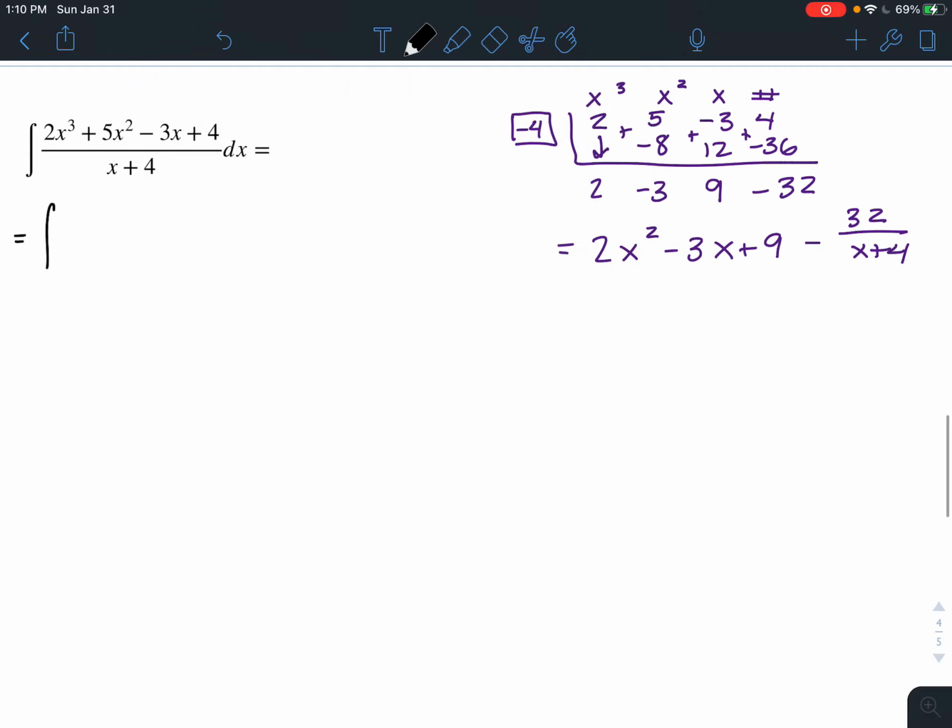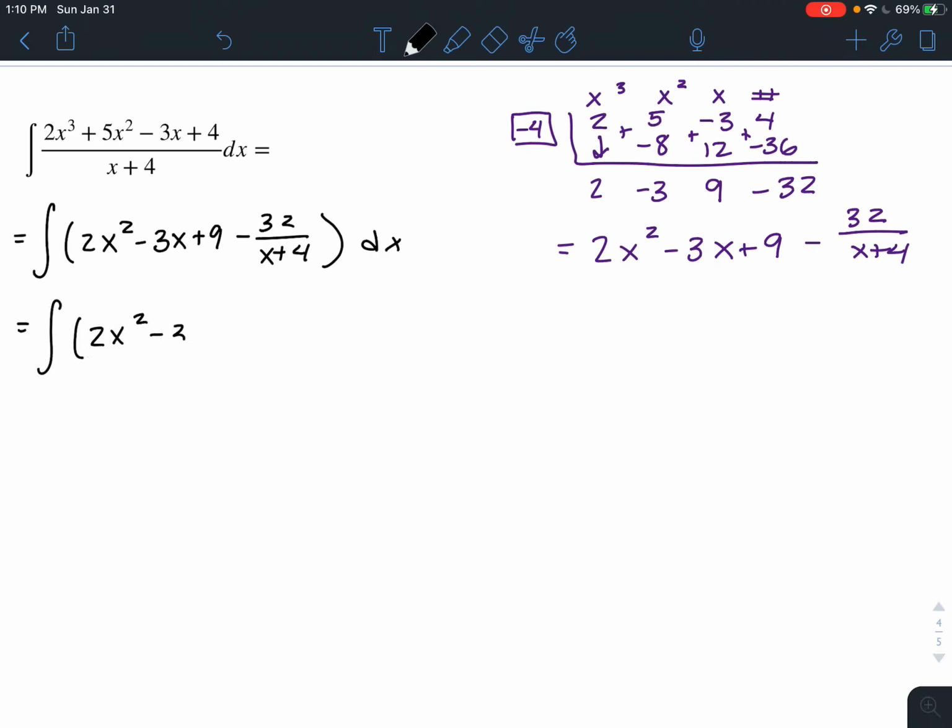So I can rewrite this integral using the quotient. Those are equivalent statements. The first three terms are a nice easy polynomial, so I'm going to break that off into its own little integral, and then I'm going to pull the constant negative 32 out.